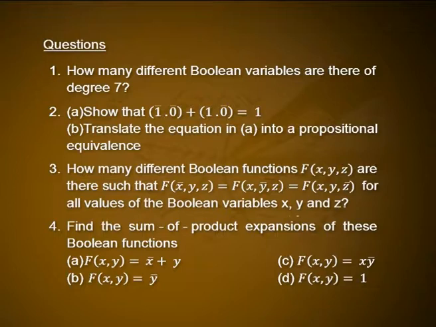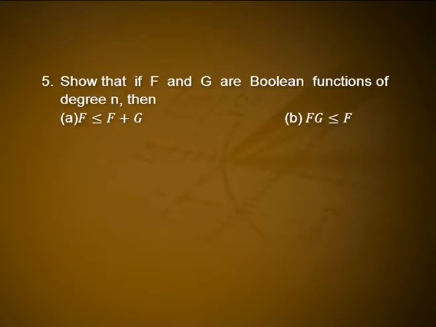Fourth one, find the sum of product expansions of these Boolean functions. First one, f(x,y) = x bar + y. Second one, f(x,y) = y bar. Third one, f(x,y) = x y bar. And fourth one, f(x,y) = 1. Fifth one, show that if f and g are Boolean functions of degree n, then a, f is less than or equal to f + g and b, f g is less than or equal to f.